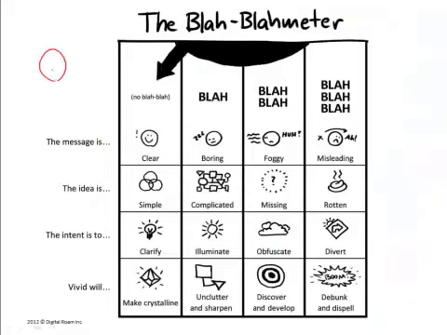When we hear a message, we're sitting here and there's someone talking to us. I want us to be very, very clear in what it is that we're hearing. Is the message clear? Has it been addressed in a simple way with the intent to clarify? If so, good.